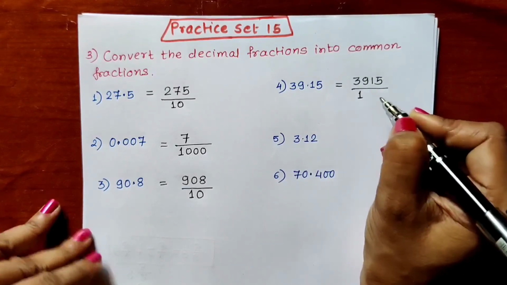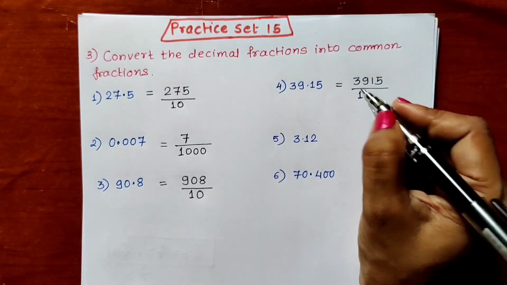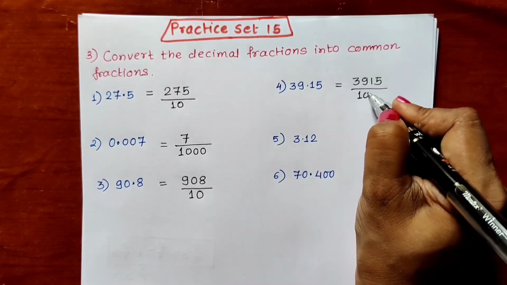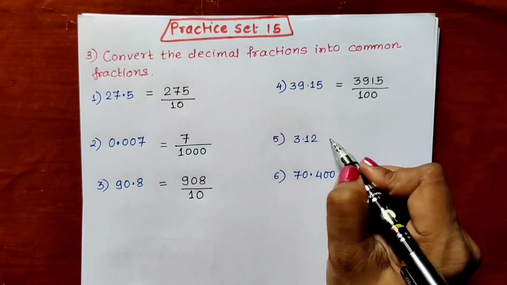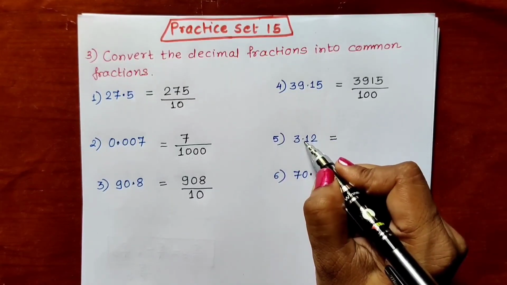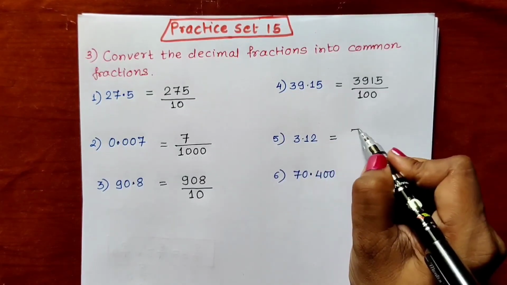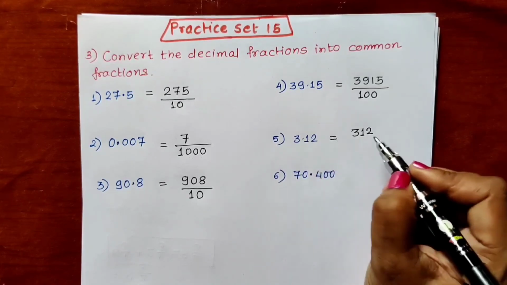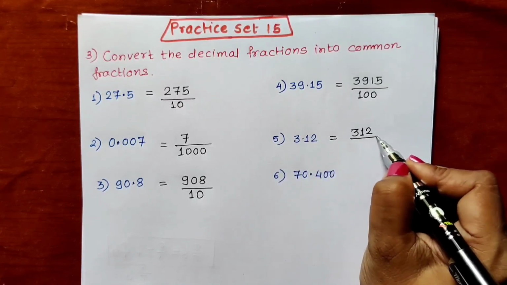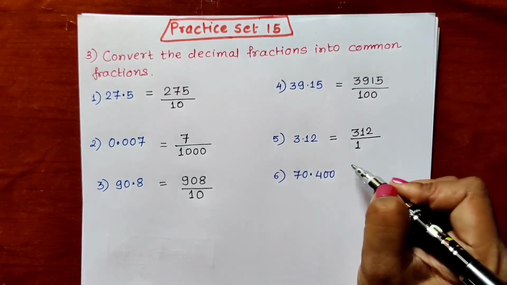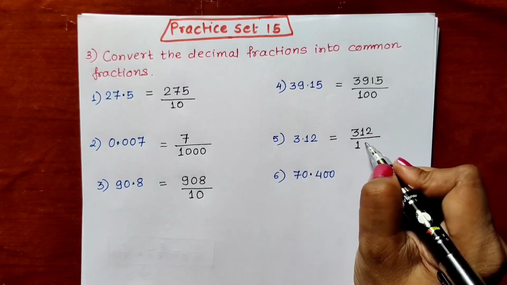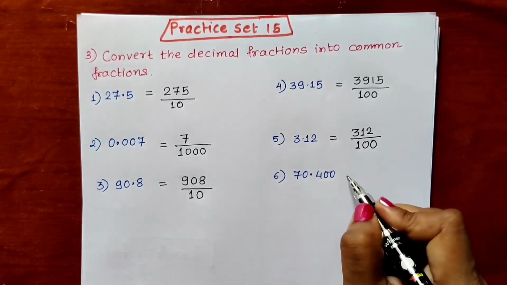We write 1, and after 1 how many zeros we will have to place? See, after decimal point there are 2 digits, so we will put 2 zeros. Very easy. Next sum, remove the decimal point and write the number in the numerator 312. Do not write this point. Okay, and in denominator write 1, and after 1 how many zeros? 1, 2. 2 digits are there, means 2 zeros.